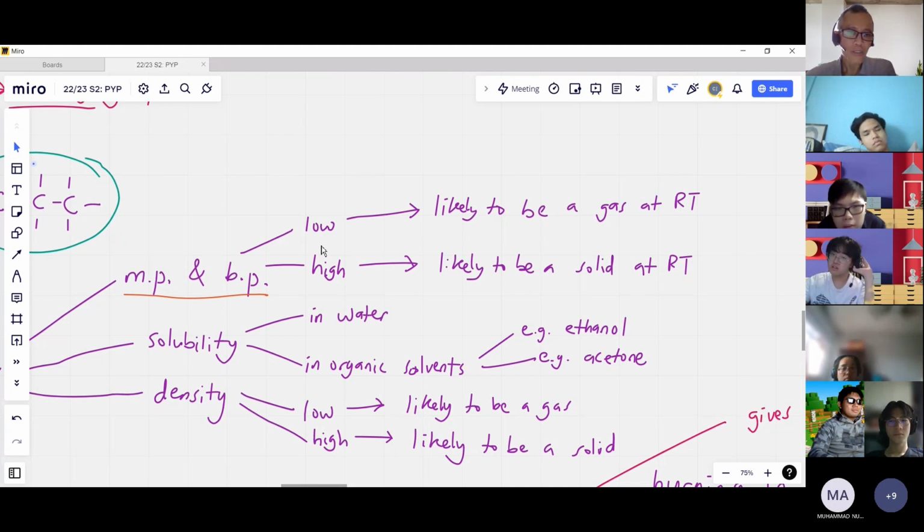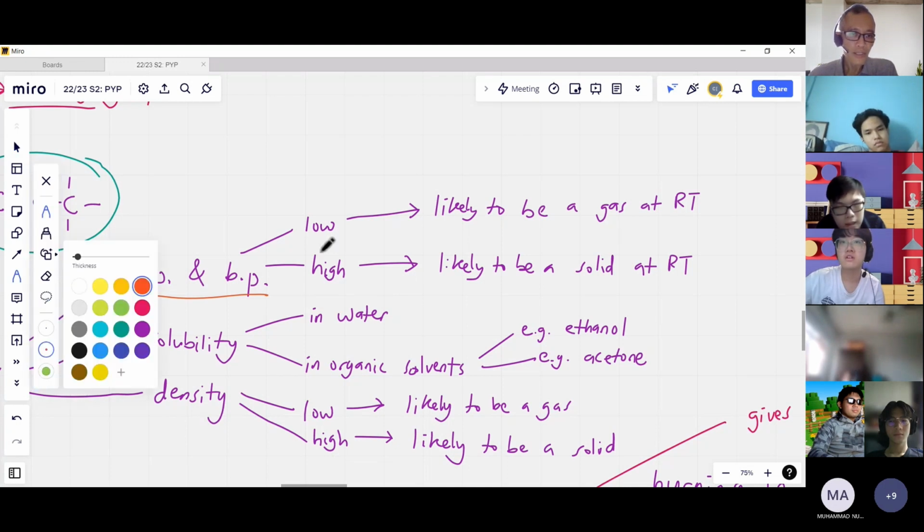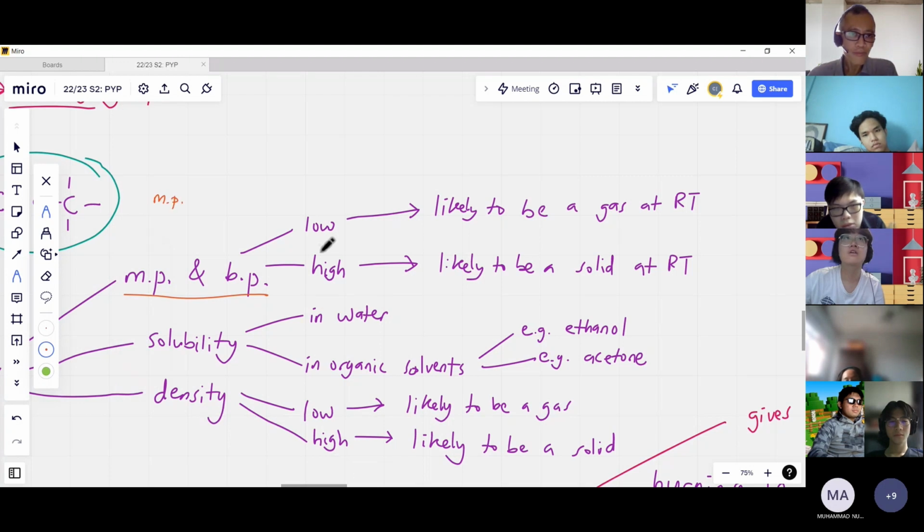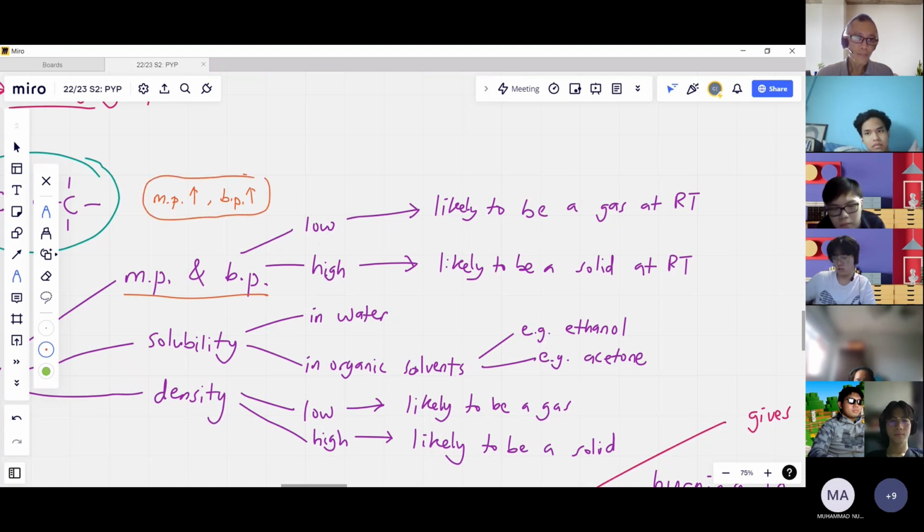Is it a high melting point, high boiling point? Now, guys, I want you to add in, typically, if melting point is high, it follows that boiling point is high too. This is almost universally true. So just be aware of that.